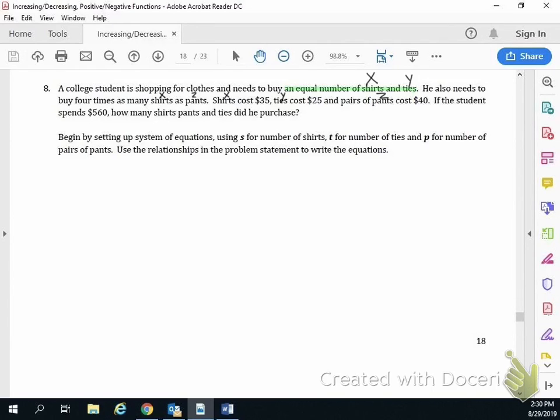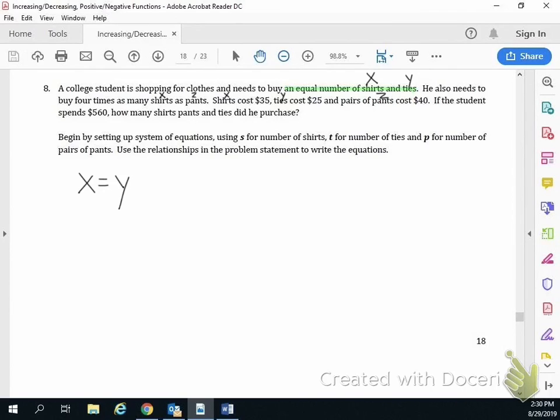I need an equal number of shirts as ties. X equals Y. Those are probably some of the hardest equations to come by whenever you're comparing two different variables.